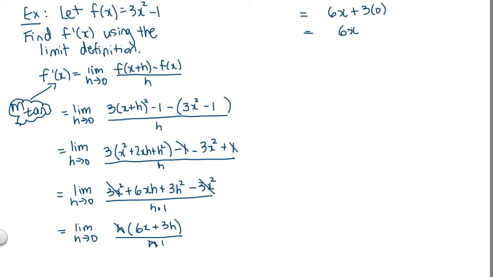So let's draw a little sketch just representing this idea here. We make a quick sketch of f of x equals 3x squared minus 1. Let's plot a few points here. So when x is equal to 0, our y value is going to be -1.